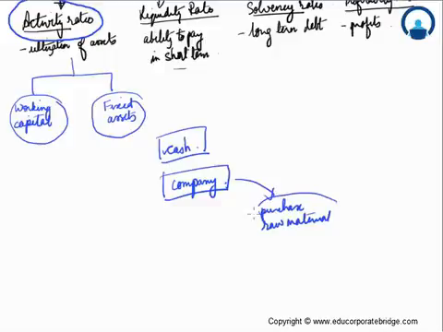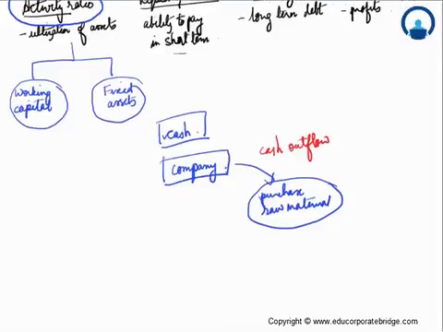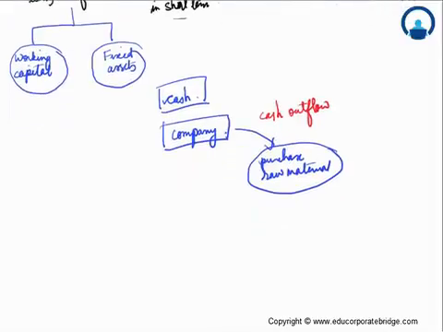So when they purchase raw material, this is basically a cash outflow. Why would this company like to purchase raw material? Obviously they are in the process of making a product, and they may require raw materials to produce products which can be sold in the market. So obviously this is required, and this would lead to cash outflows.